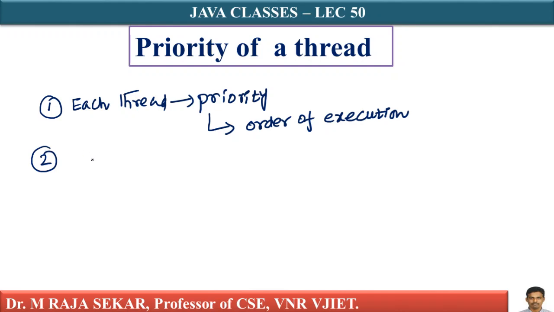Java permits us to set the priority of a thread. I can set the priority of a thread using a method known as setPriority. Let me repeat: Java permits us to set the priority of a thread using the setPriority method.